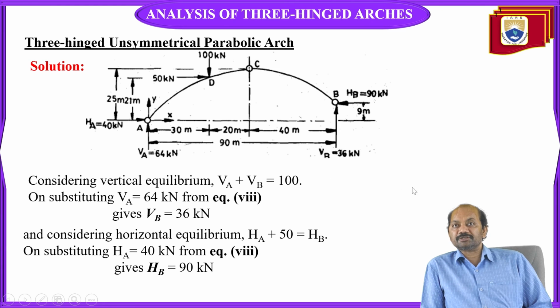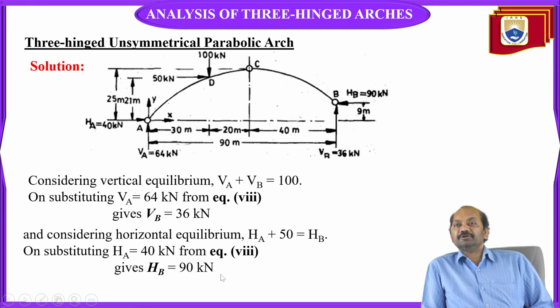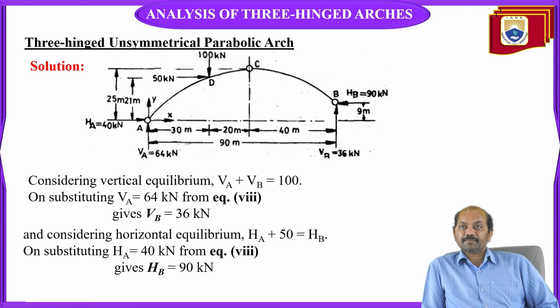Now we got 36. And considering horizontal equilibrium, HA plus HB is equal to 50. The horizontal force is 50, so on substituting, HA plus 50 is equal to HB.